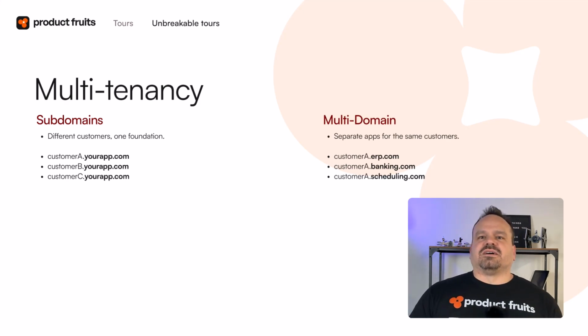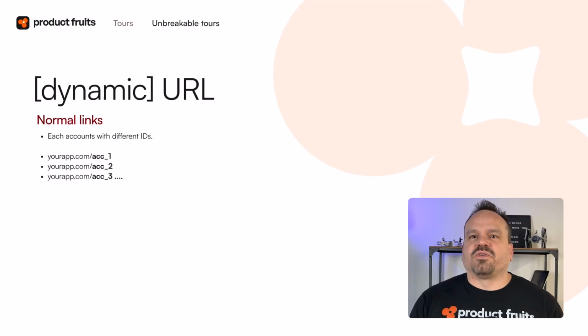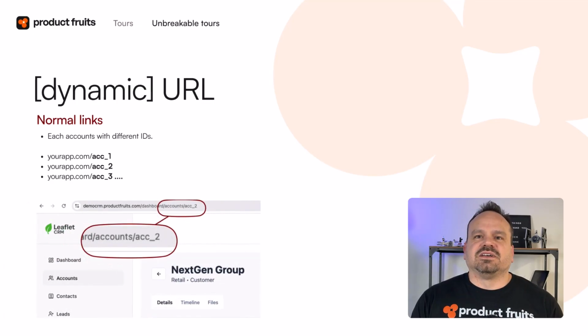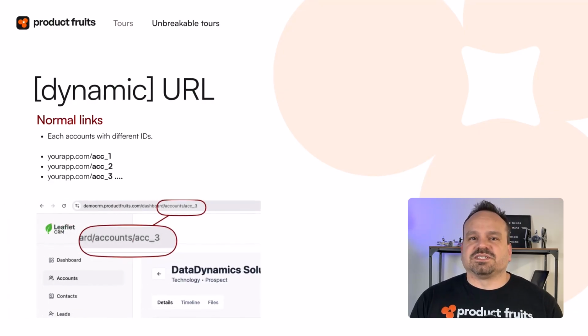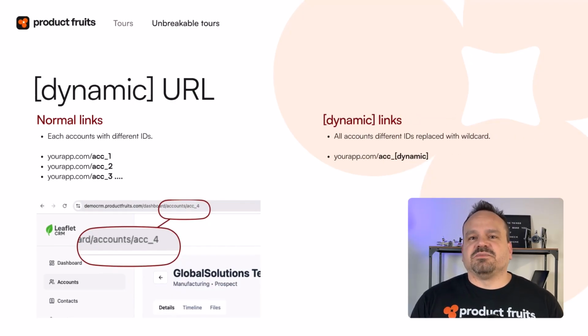However, that's not the only dynamic part of the environment. Let's imagine that you have thousands of customers, and each one of them has a specific ID in your app. For example, IDs, as you can see, 1, 2, 3, 4. You don't want to create an onboarding experience for each one of them. The solution is called dynamic URLs, which act as a wildcard in your application.